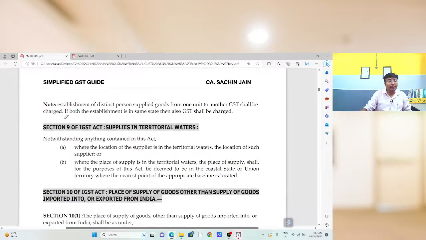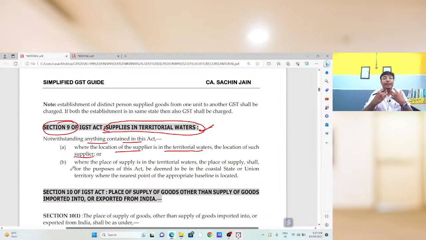Now, Section 9 of the IGST Act, supply in territorial waters. Notwithstanding anything contained in this Act, where the location of the supplier is in the territorial water, the location of such supplier will be treated as the place of supply.